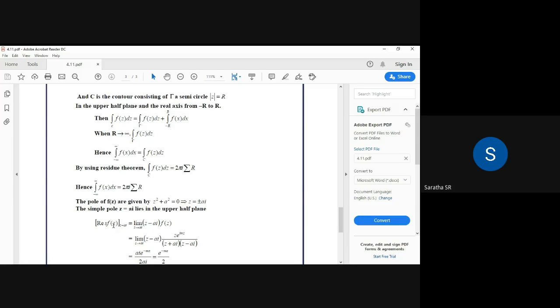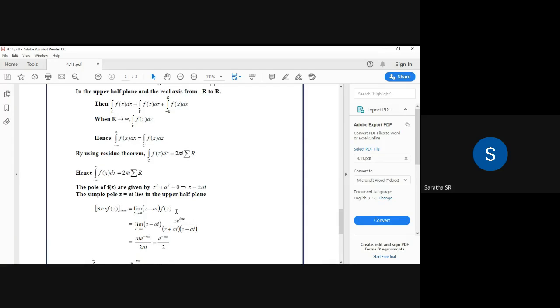Residue of f of z at z equal to ai is the limit as z tends to ai of z minus ai times f of z. The same formula we have to apply. We know f of z is z e power imz divided by z square plus a square, which can be factorized as z plus ai into z minus ai. Then it will be cancelled. Then you replace z by ai in this problem. So we'll get ai e power im ai.